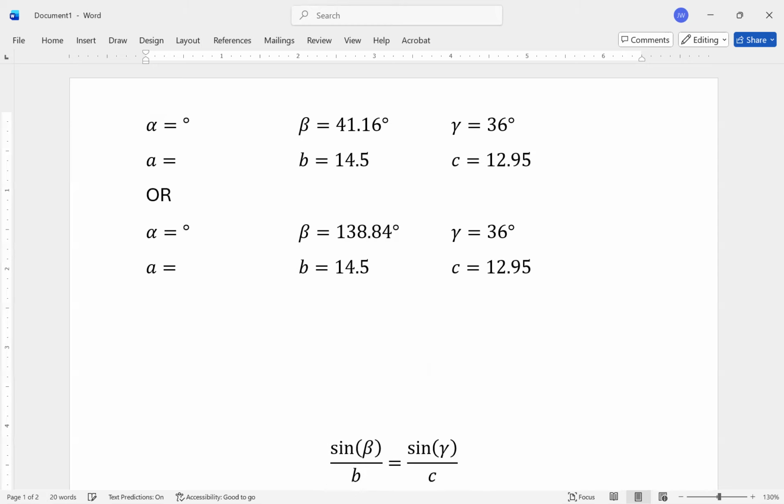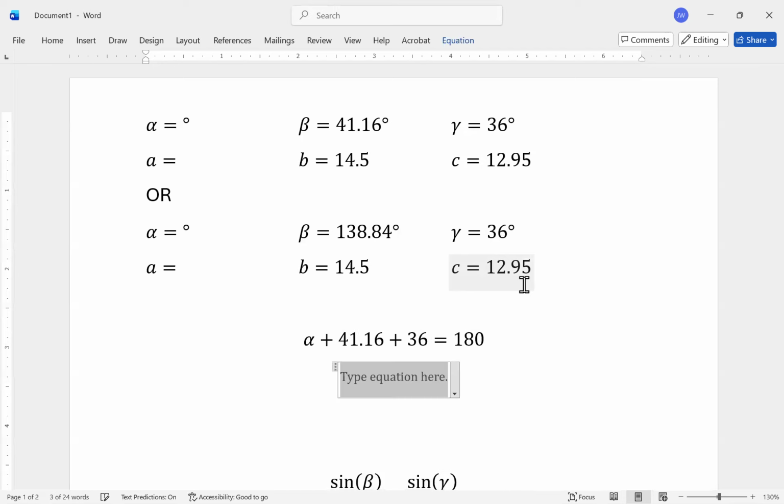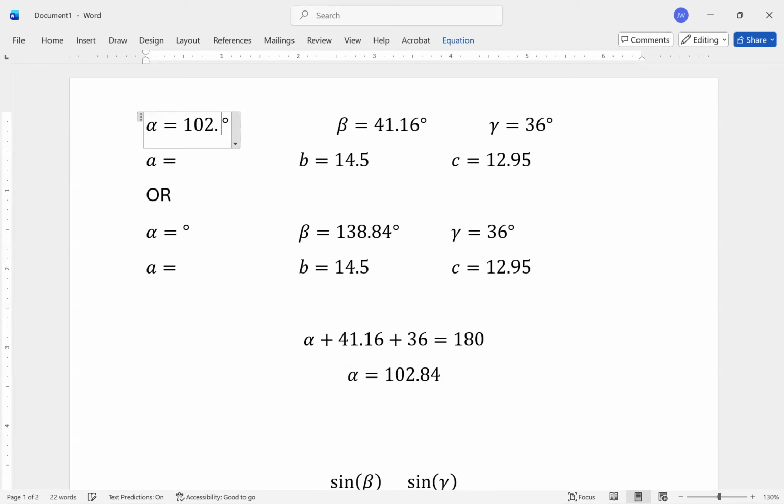Let's just go ahead and do that in the first case. In the first case, we'd have alpha plus 41.16 plus 36 is equal to 180. When I solve for alpha by subtracting 41.16 and subtracting 36, I get 102.84 as my value for alpha.